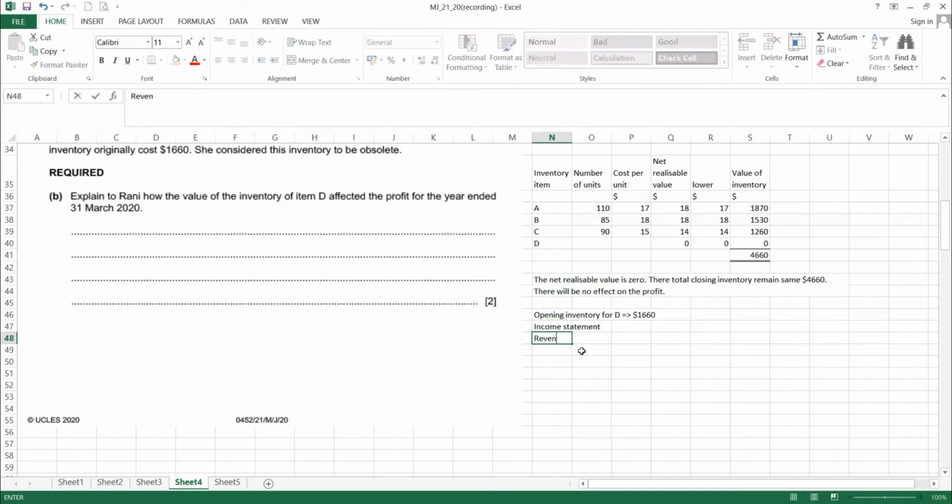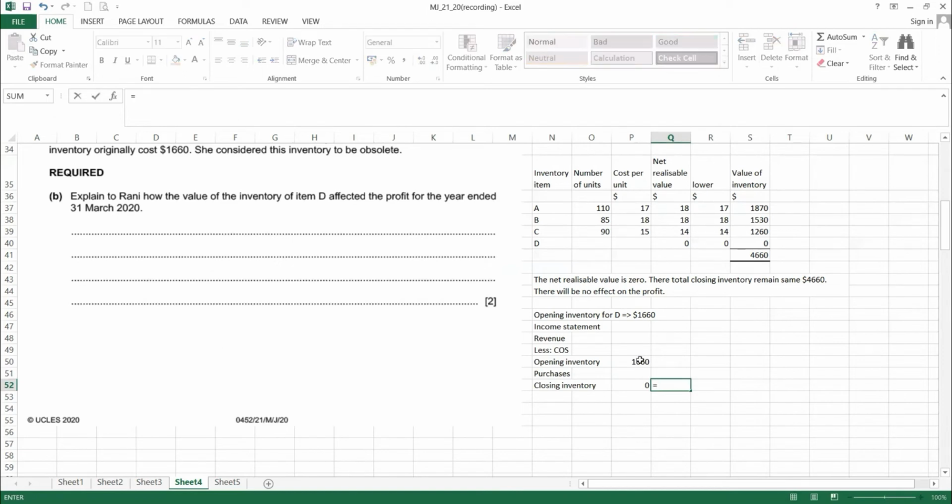revenue less cost of sales, which is opening inventory, and then purchases, less closing inventory. My understanding is that when we initially recorded 1,660, at the end of the year there is no value for it.